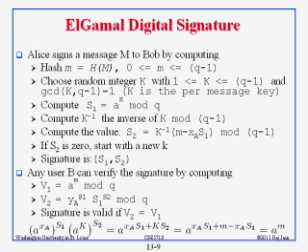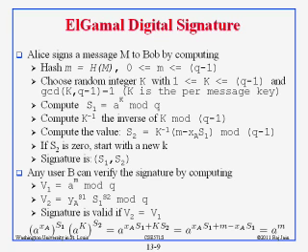And if you want to verify the signature, the way to do it is that you calculate V1, which is A raised to M mod Q, where little m is the hash of the message.